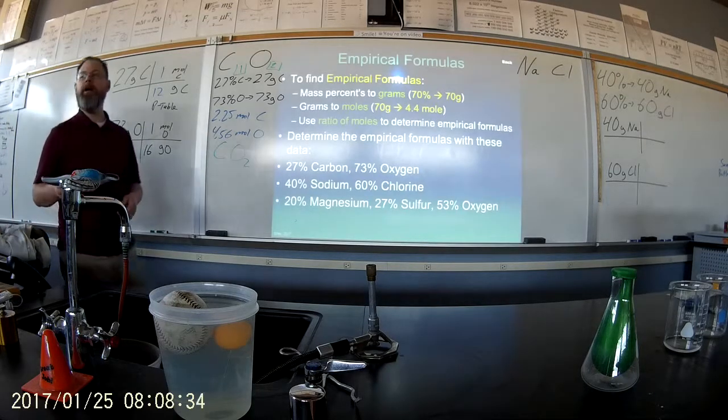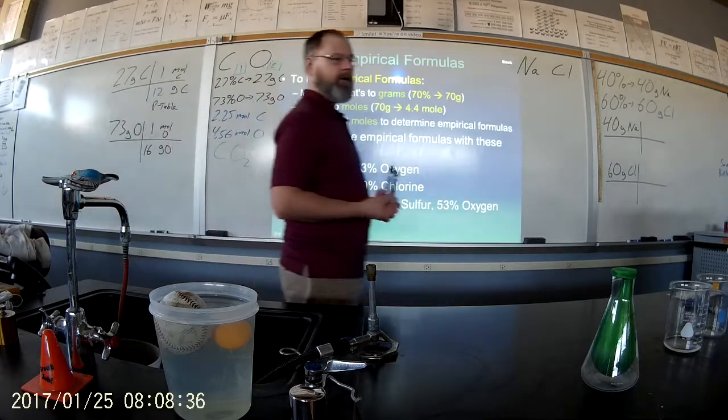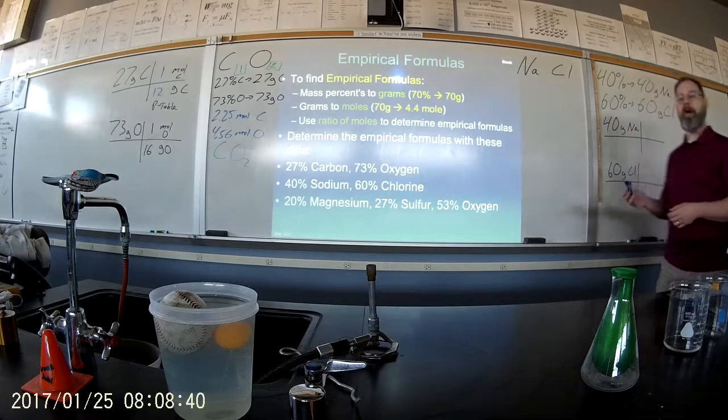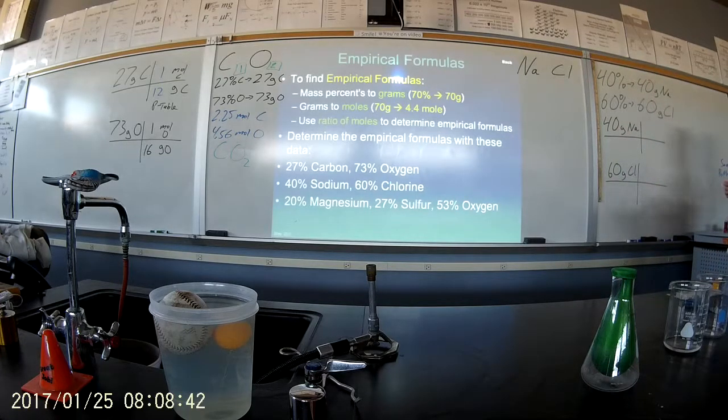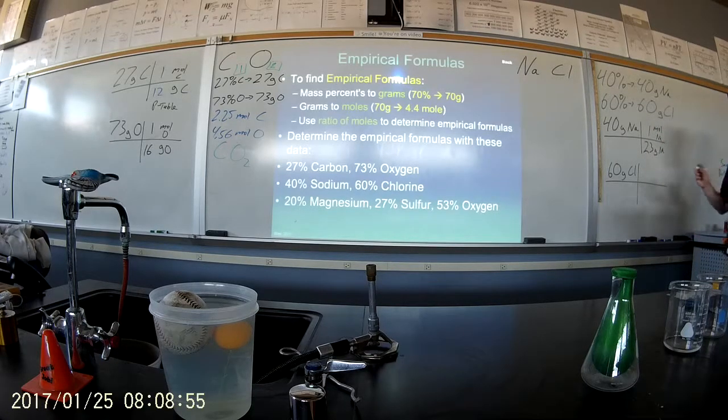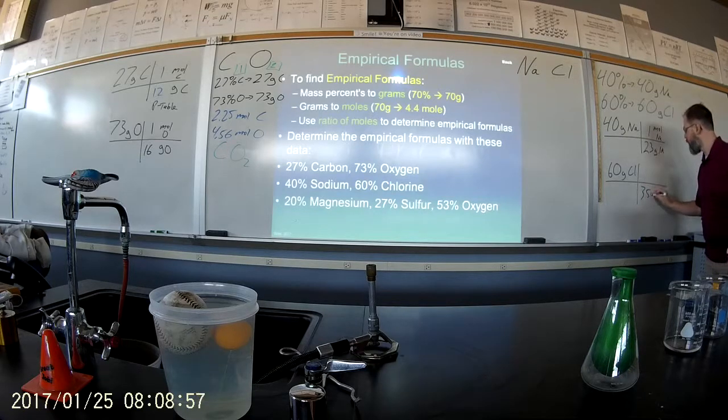So that's where we are right now in our second exercise. We're finding the molar mass of sodium and the molar mass of chlorine. So sodium has a molar mass of what? Anybody? 23? So 23 grams in 1 mole of sodium. And chlorine has a molar mass of 35 grams of chlorine in 1 mole of chlorine.